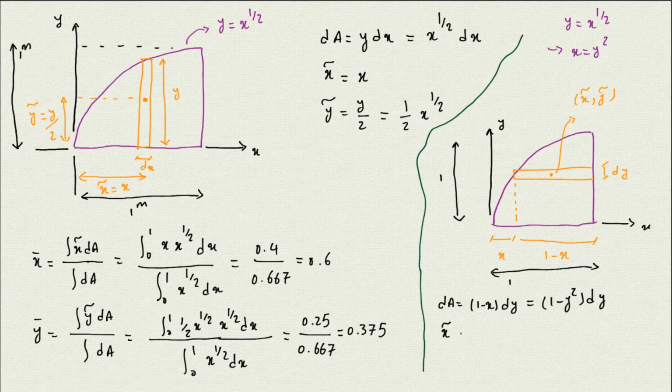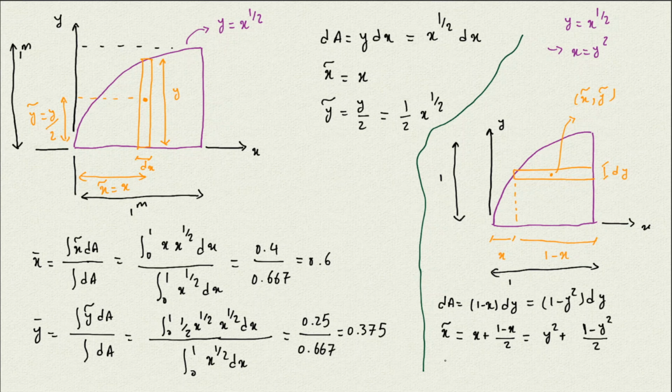And the location of the element centroid in the x direction, this is the distance I'm looking for. It's going to be x plus half of this distance. Then again I have to replace x with y, so it's going to be y squared plus half of 1 minus y squared.